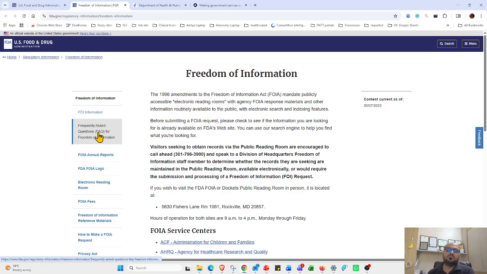In India we have the Right to Information Act. Similar to that, we have the Freedom of Information Act, and any public record, some redacted, most of them non-redacted, can be available here. You can visit the page, or visit the FOIA office for dockets, which are there for public reading, and read that.